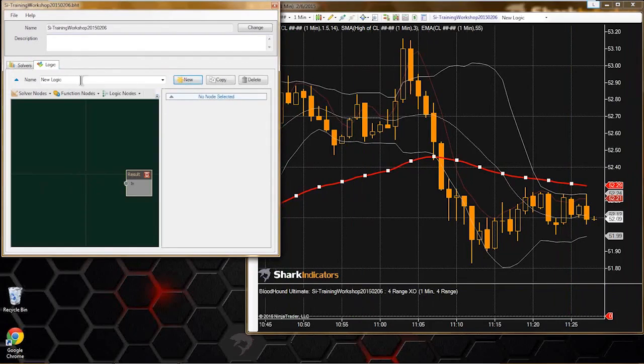Alright, so I'm going to create a new logic template here. And alright, there we go. So we're looking for when price gets within 5 ticks to a moving average.